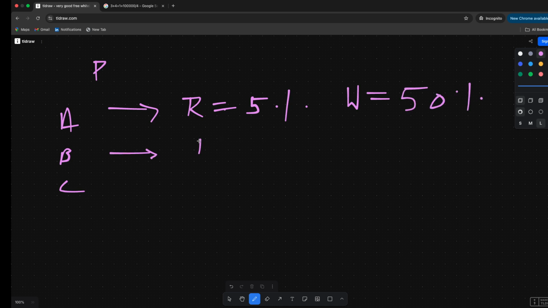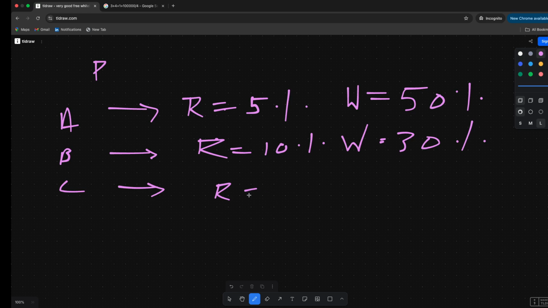Then the return on asset B is 10%, and its weight, or contributing factor, in your portfolio is 30%. Then asset C has an interest rate of 15%, and the weight is 20%.